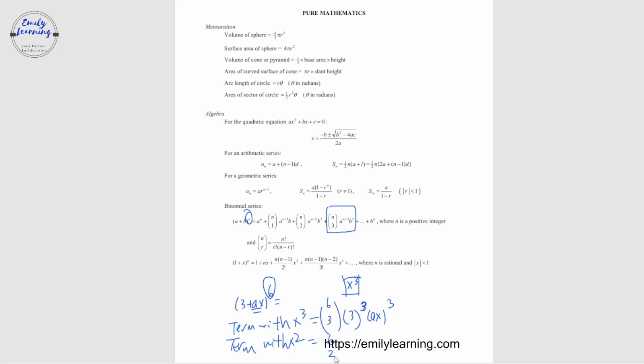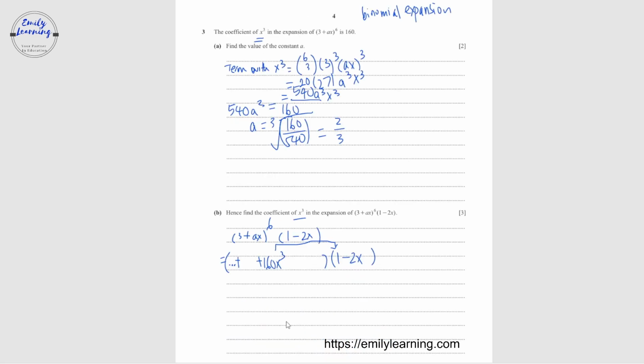It will be 6 choose 2, then 3 to the power of 6 minus 2, which is 4, then (ax) squared, right? I know from the previous part that a is 2/3, so I'll just change this to 2/3. So let's write it in: 6 choose 2. Maybe I really need more space.